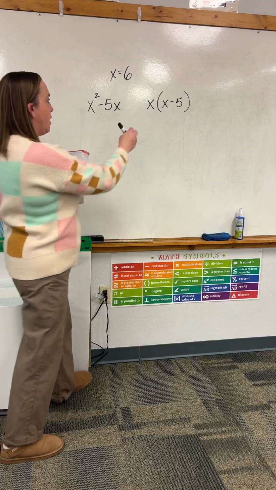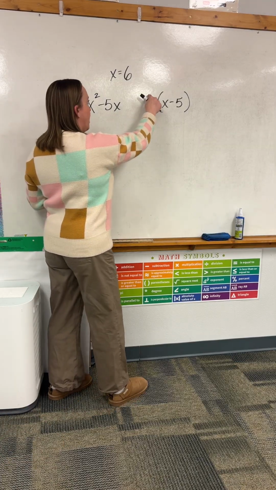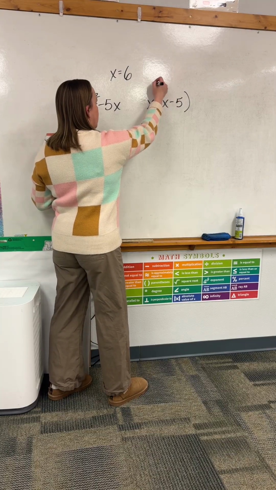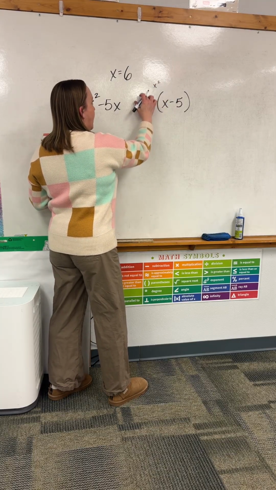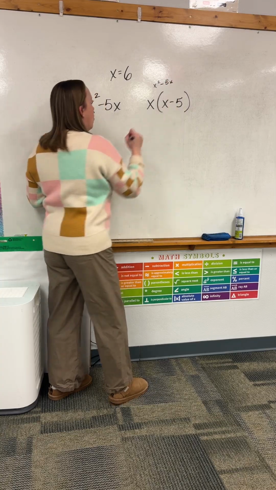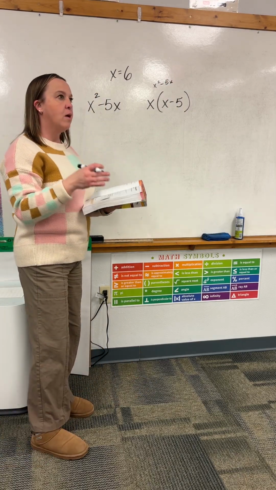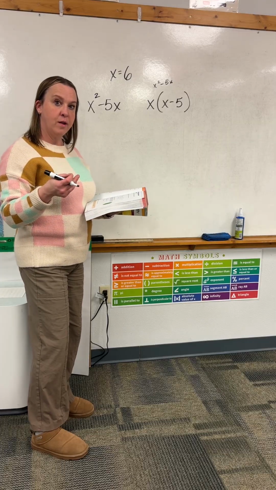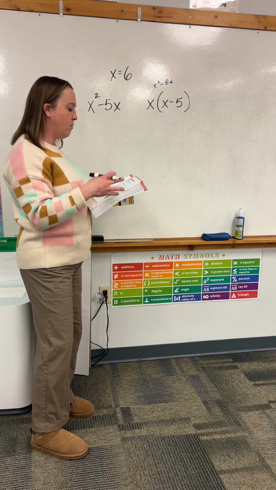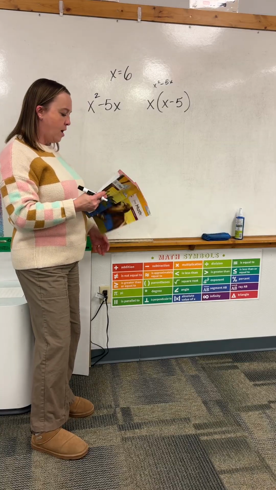So if you look, this is the distributive property, and a little hint here real quick, x times x is just x squared. x times negative 5 is just negative 5x. So we already know that these are going to be equivalent whenever you use the distributive property. That's the good thing about knowing properties, is that you can already see that it's going to be equivalent, but we're going to work it one step at a time, which is step it out.